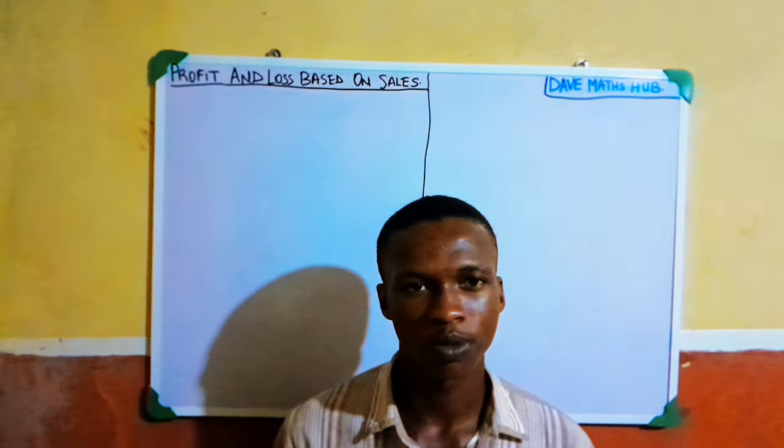Now, profit is the amount gained when you sell an item above its cost price, while loss is the amount incurred when you sell an item below its cost price. Profit can be calculated as profit is equal to selling price minus cost price.